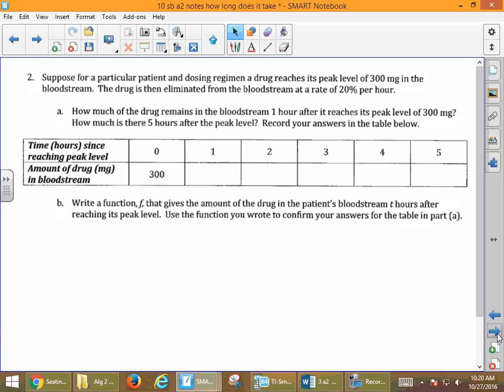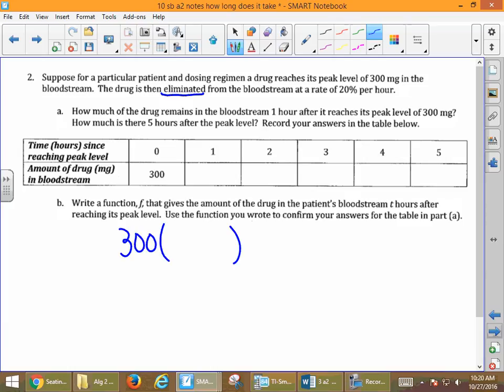And I know that we have a table here where we can fill it in, but maybe coming up with the function first might be able to help us make our table quicker. So the first word to note here is eliminate. And we started with the 300 milligrams.